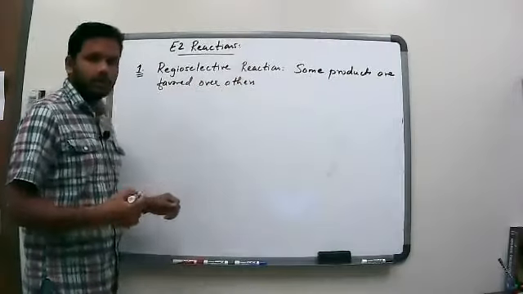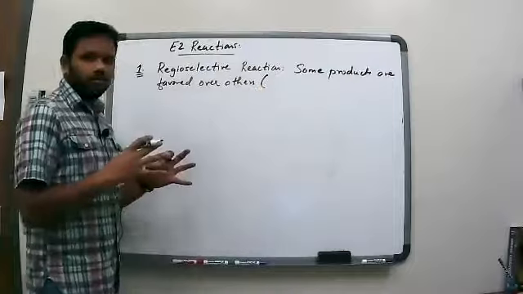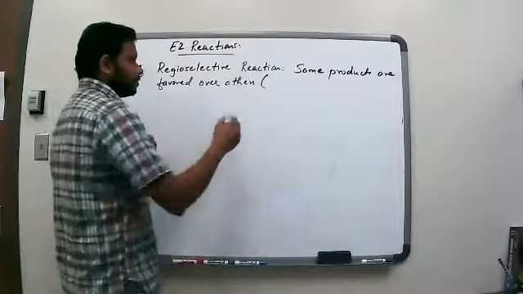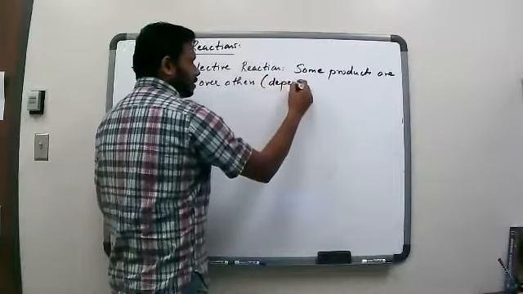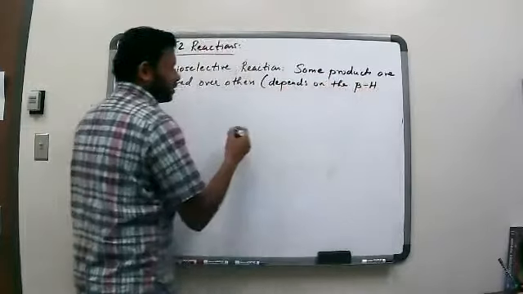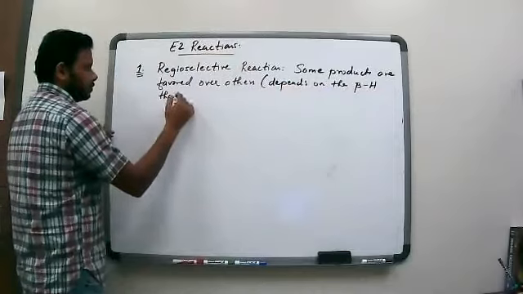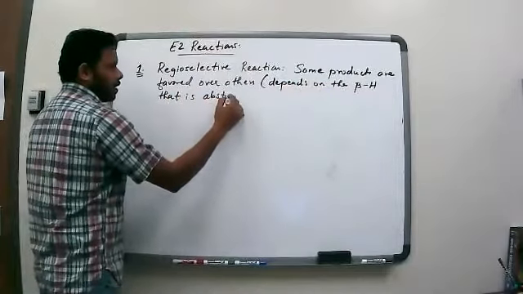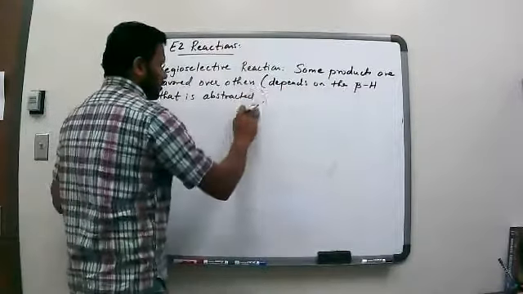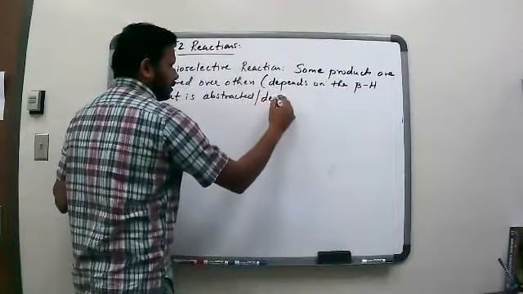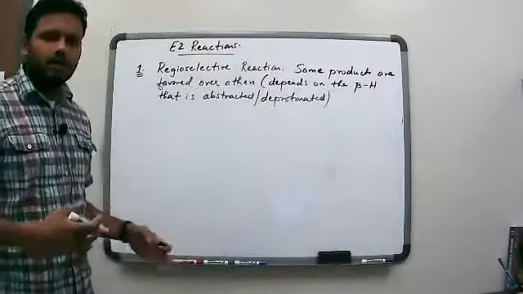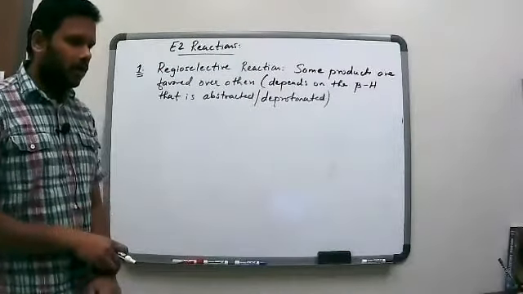Okay, some products are favored over others, and in the particular case of E2 reactions, this depends on the beta hydrogen that is abstracted or deprotonated. So depending on which beta hydrogen is deprotonated, some products are favored.